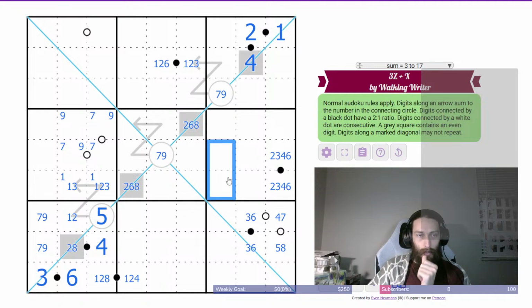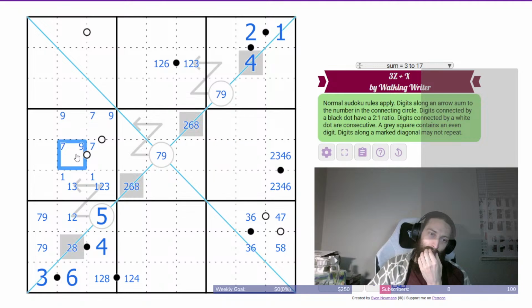Where do we go from here? Well, knowing this has to have 7 on it doesn't mean anything, because it can go 7, 6, 7, 6, 5.